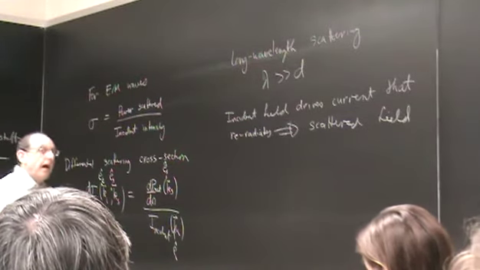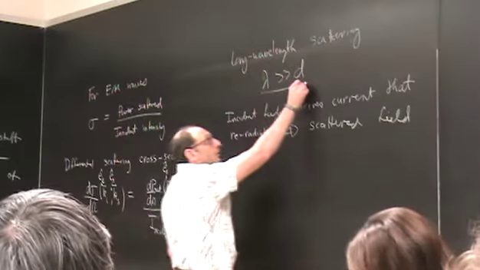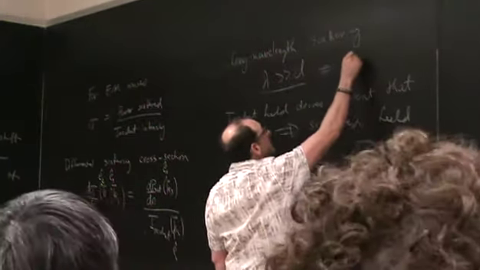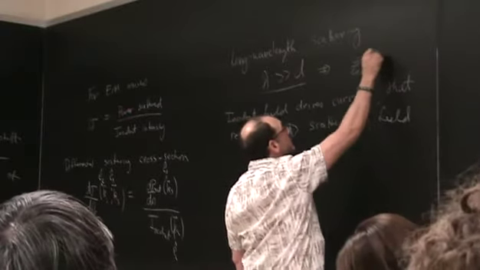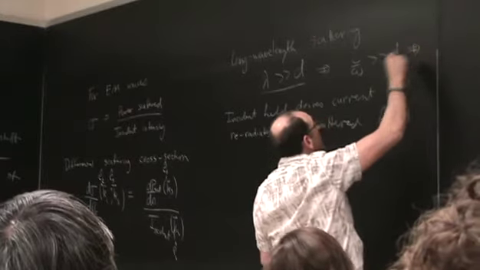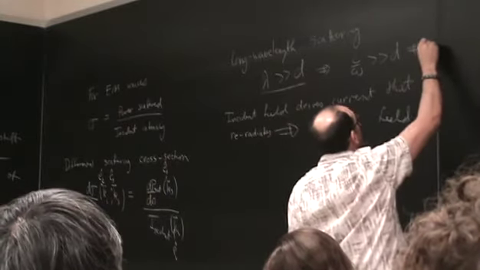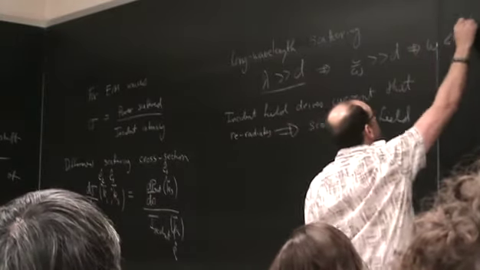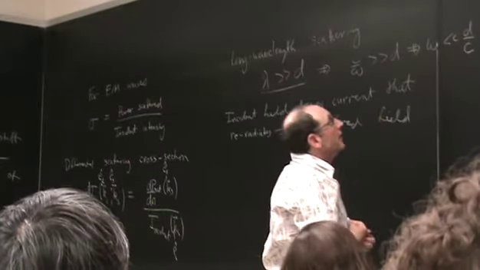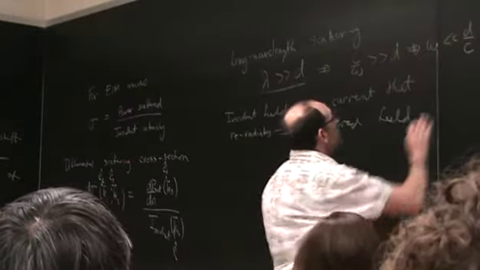Okay, but given this is true, or said another way, c over omega is much greater than d, or omega is much less than c over d.